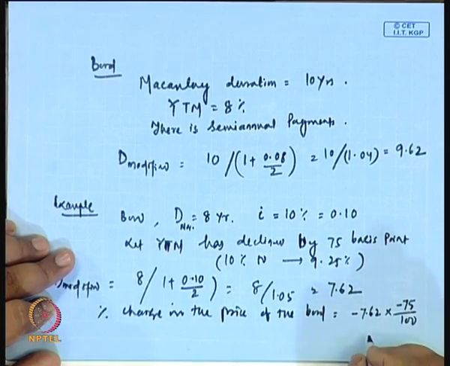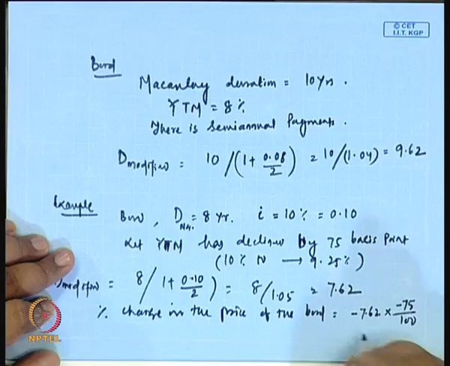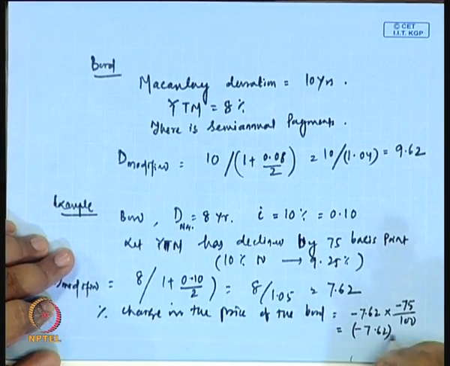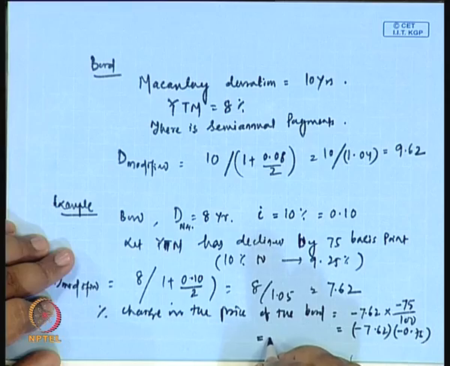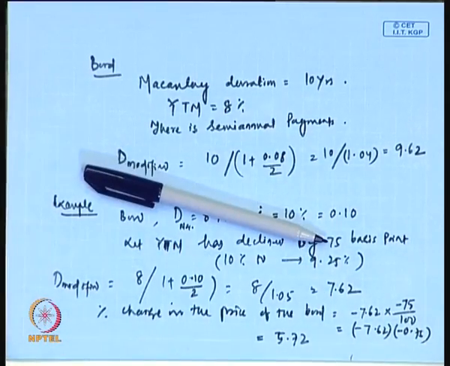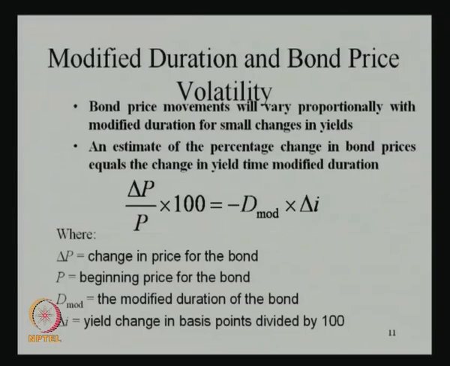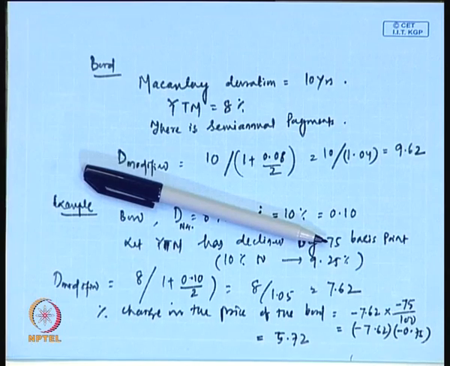That is minus 7.62 into minus 0.75, which gives the value of 5.72. So this indicates that the price should increase by approximately 5.72% in response to the 75 basis point decline in the yield to maturity.